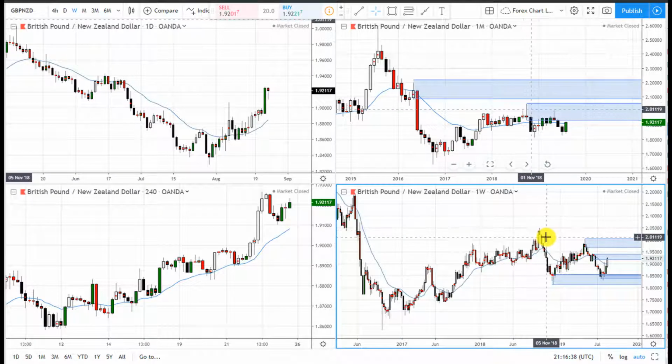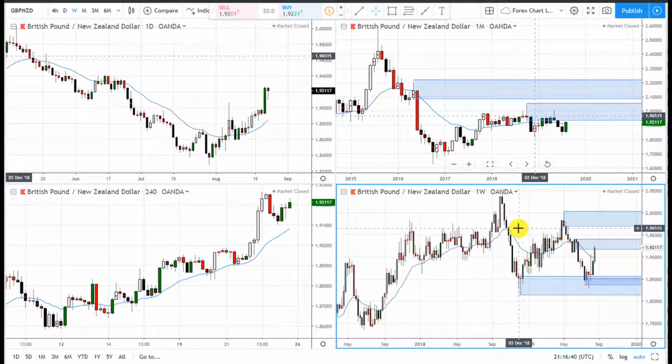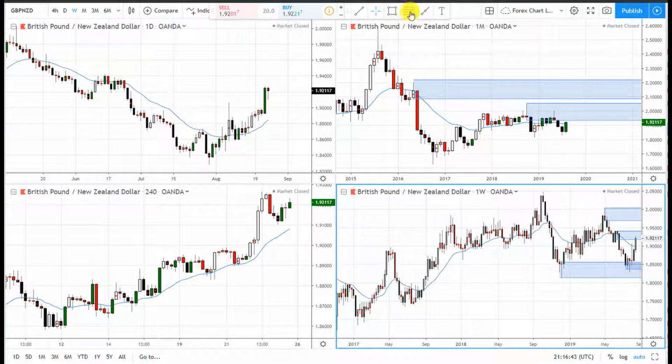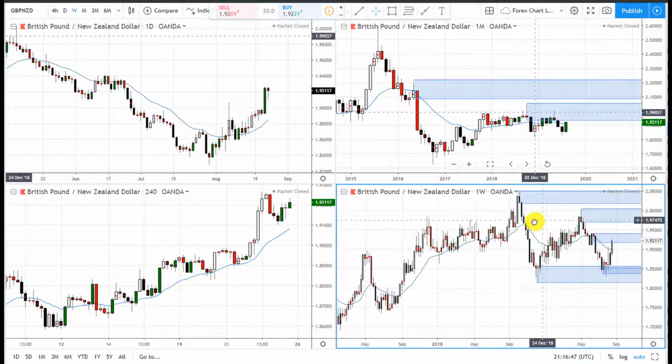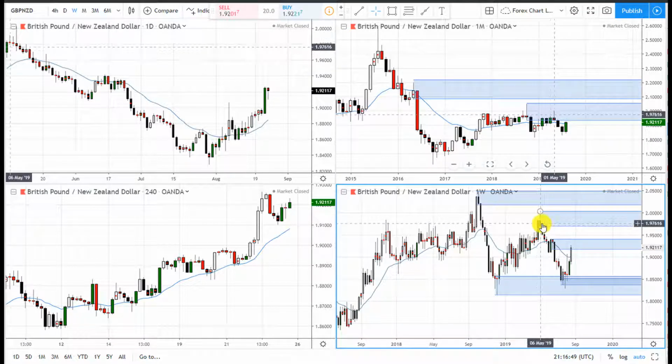But then this is also the next area of supply that's been created. So we can see that there are just supply zones after supply zones after supply zones.